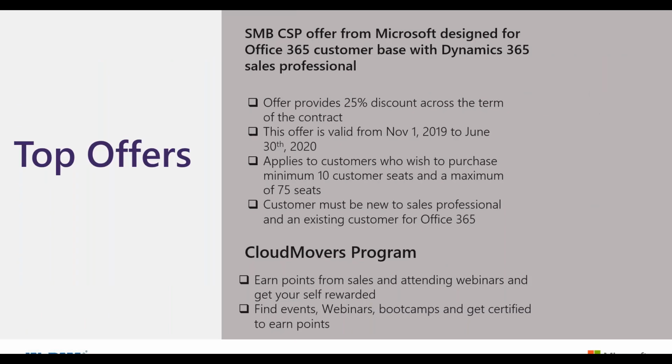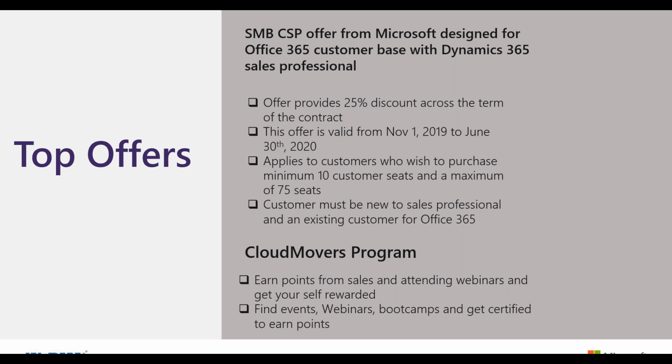Okay, so the top offers that are happening now. One of the offers is called the SMB CSP offer from Microsoft. This is designed for Office 365 customers who are having a D365 Sales Professional expertise. This offer provides a 25% discount across the term of contract.